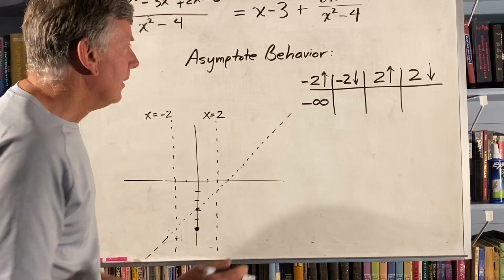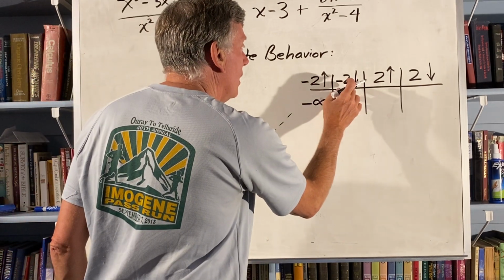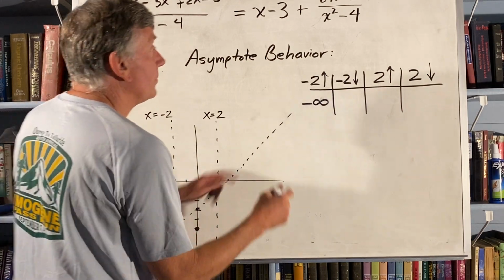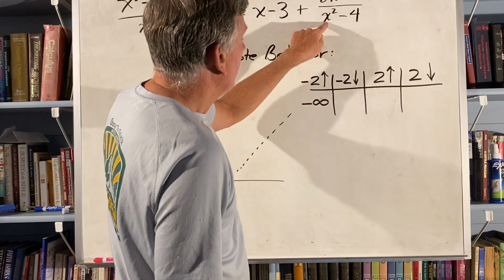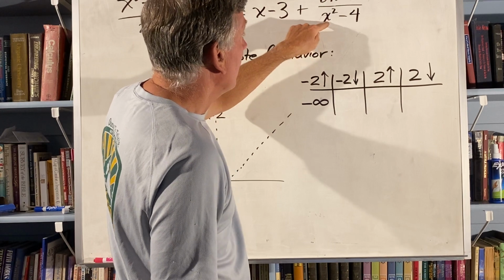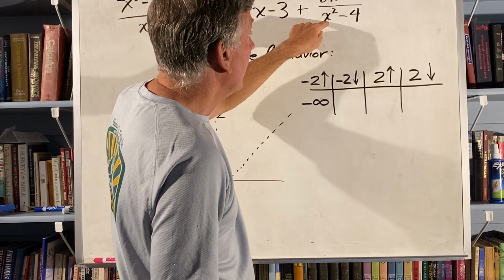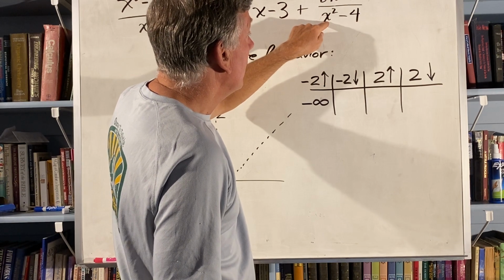Practice. You'll see it. As I come from above -2, this is going to be a number that, when I square it, is going to be less than 4, so it's going to be negative.